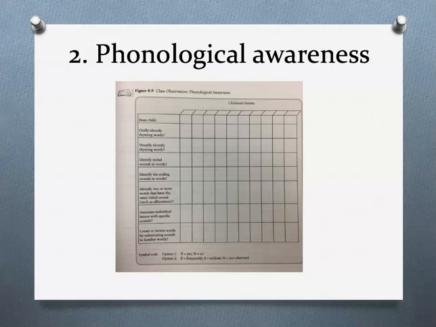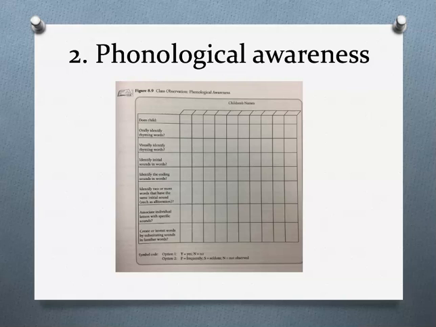The second checklist that we have is for phonological awareness. And when we're talking about phonological awareness, we are trying to identify if the child orally identifies rhyming words, if the child visually identifies rhyming words, if the child can identify initial sounds of words or ending sounds of words, or two or more words that have the same initial sounds, such as alliterations, or if the child can associate individual letters with specific sounds, and so on.